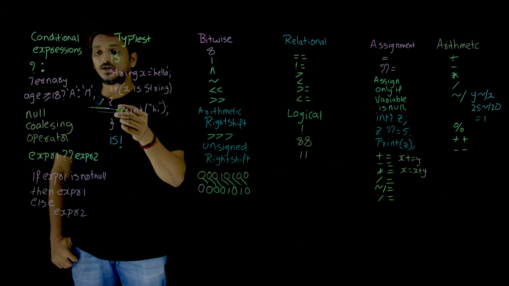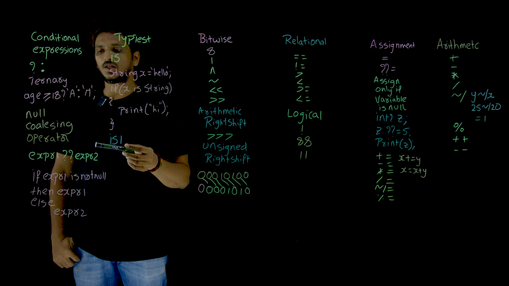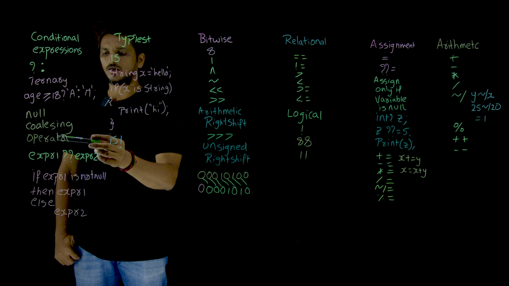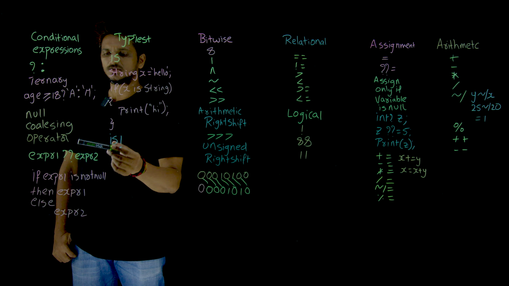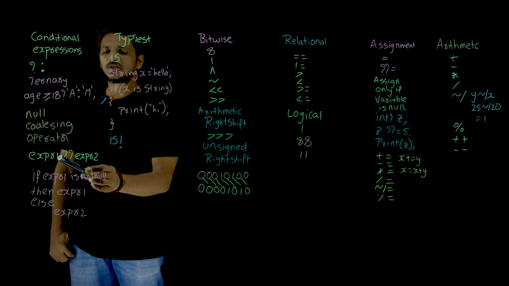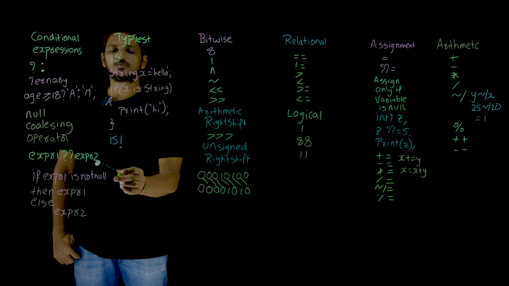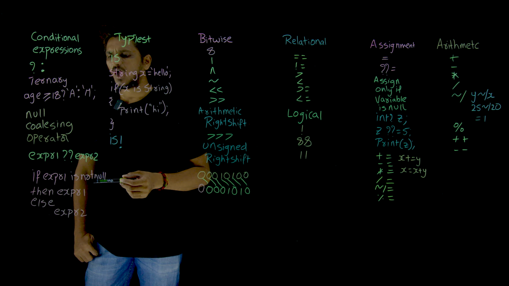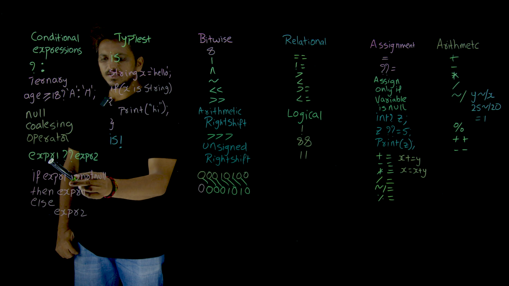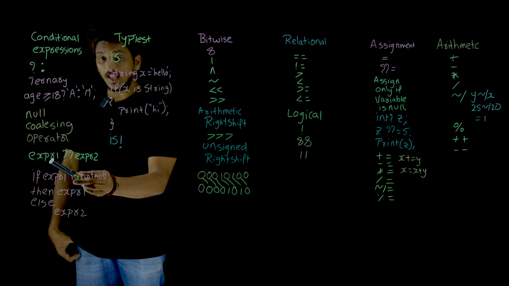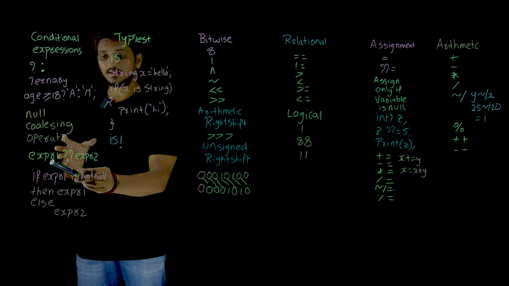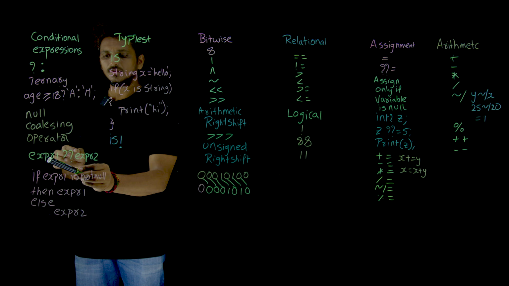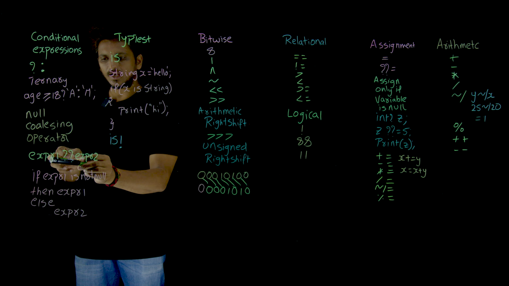The next operator which is available in Dart programming is the null coalescing operator, which works as expression 1 double question mark expression 2. How does this work?